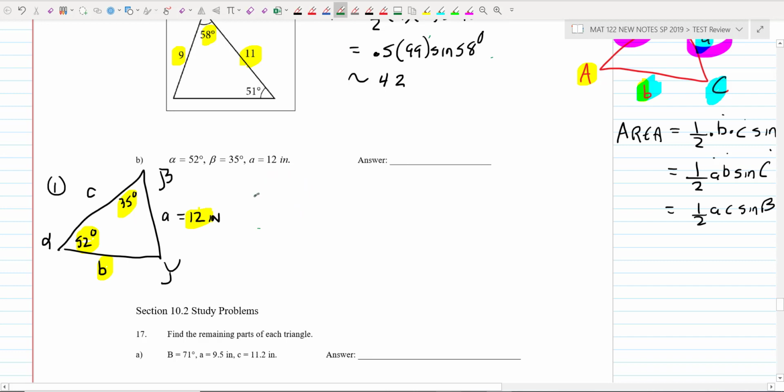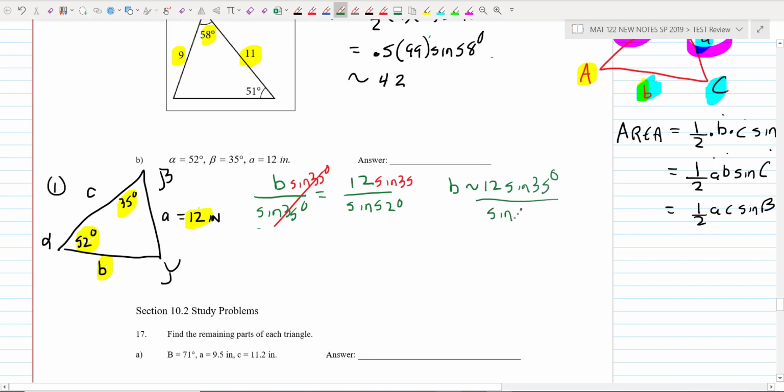So we're going to set up our proportion. I'll have b over the sine of 35 degrees is equal to 12 over the sine of 52 degrees, like this. What I can do is multiply both sides by the sine of 35, then go straight to my calculator. So b is about 12 sine 35 degrees over the sine of 52 degrees.